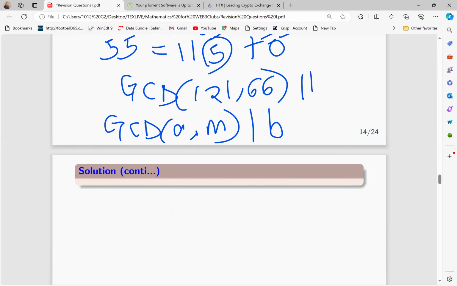Remember, b is 100. So 11 does not divide 100. So it does not meet this condition. Therefore, there are no solutions for x to this equation. So it has no solution.